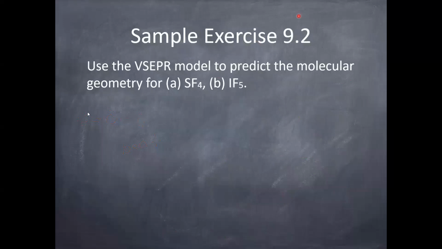All right. And if we continue with SF4, sulfur is going to give us 6. Each fluorine is going to give us 7, so we'll wind up with 28. So we'll wind up with 34 in total. So we'll put sulfur in the middle.